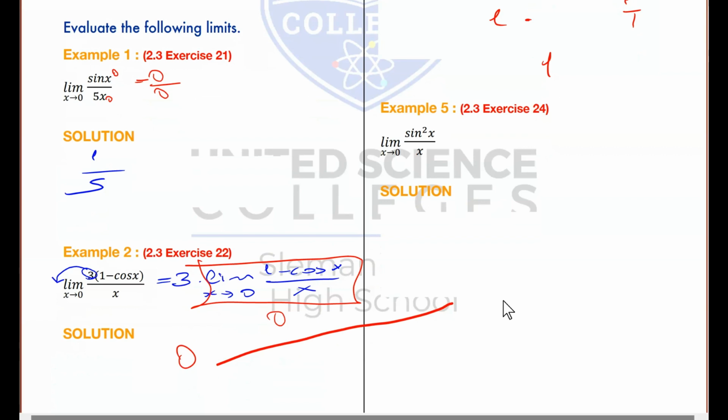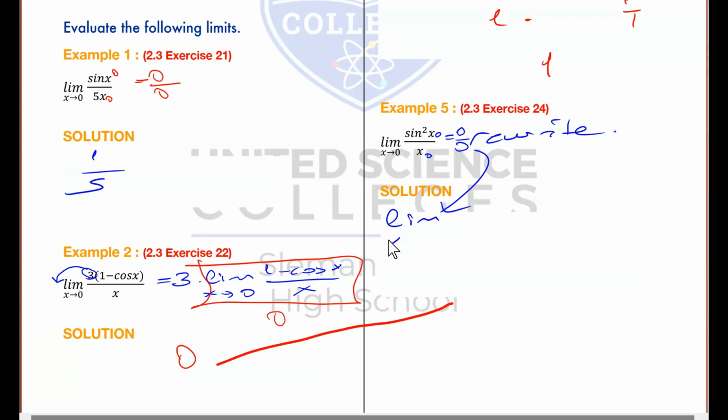Another question. There's sine squared, but we didn't learn such a thing. But when we rewrite this function, we can use one of the rules that we already studied. So when you do direct substitution, what do you get at first? It is 0 over 0. So after we make sure it's 0 over 0, we apply the rules.